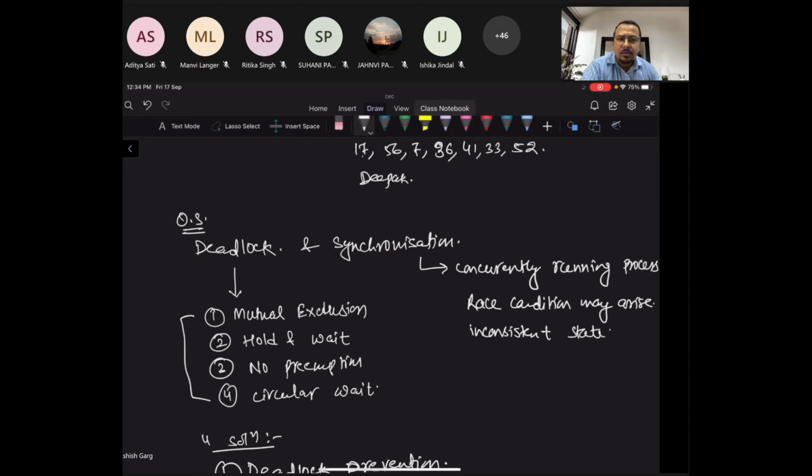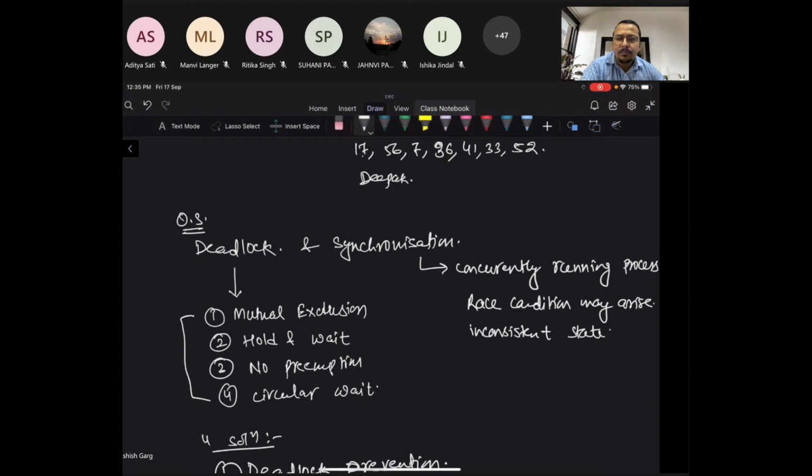Race condition is when the output is dependent on the order of execution. And inconsistent state is when the output does not come out the same every time.